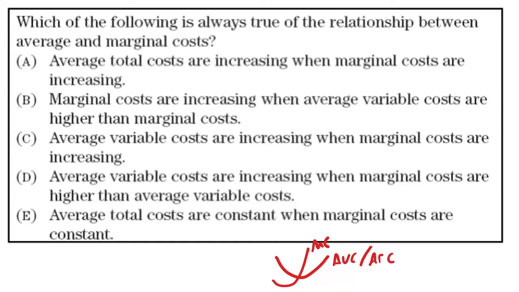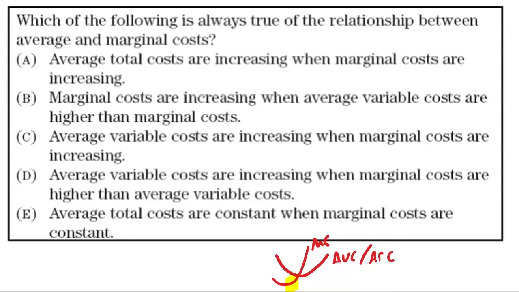So A, is average total cost increasing when marginal costs are increasing? Well, the answer is no, because at this portion right here where marginal cost is increasing, our average variable and average total cost should be decreasing there. So answer choice A is incorrect. Well, what about B? Marginal costs are increasing when average variable costs are higher than marginal costs.